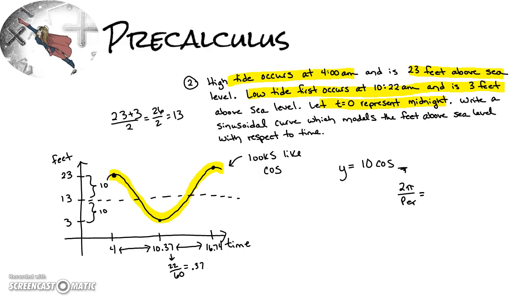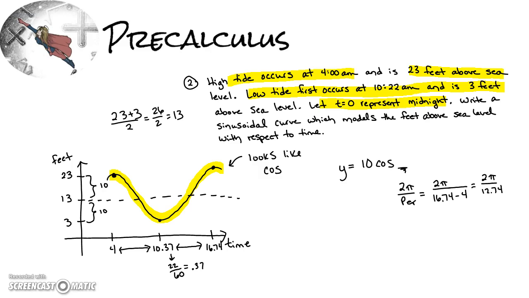Now, the next number that goes right here, we always have to do 2 pi over the period, which in our problem is the ending minus the beginning, 16.74 minus the 4. You can use a calculator for all of this, but it's going to be 2 pi over 12.74.